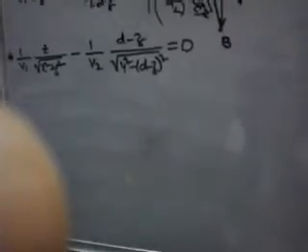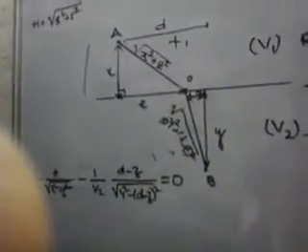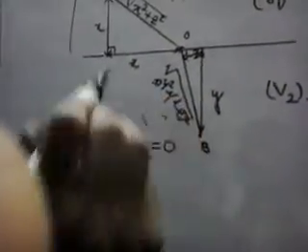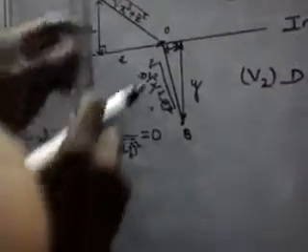Now don't be confused. We have less space here. You all know that this line is what we call the normal.